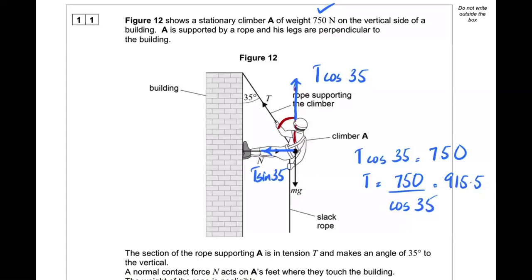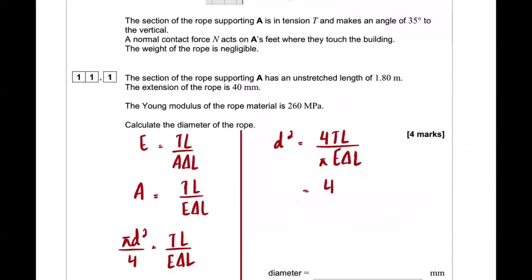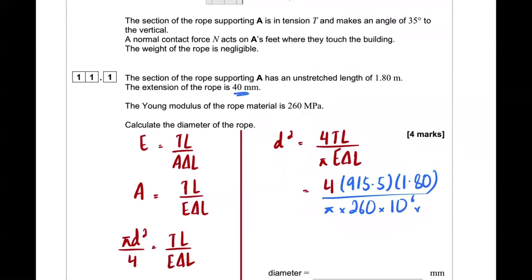And then I plug this in here. So 4 times 915.5, original length is 1.8, pi, Young modulus is 260 mega, mega is 10 to the 6, and delta L, the extension, is 40 millimeters, so 40 into 10 to the negative 3. This is all d squared, so I'll also need to take the square root after all is done.